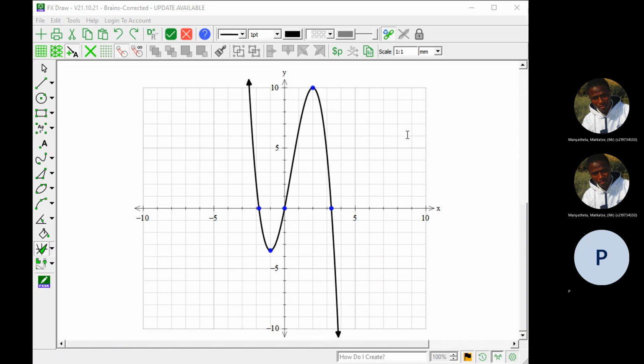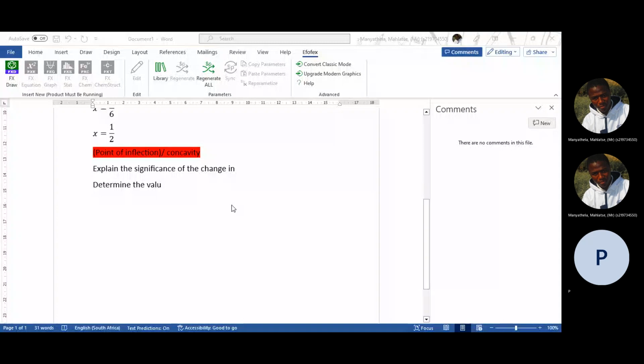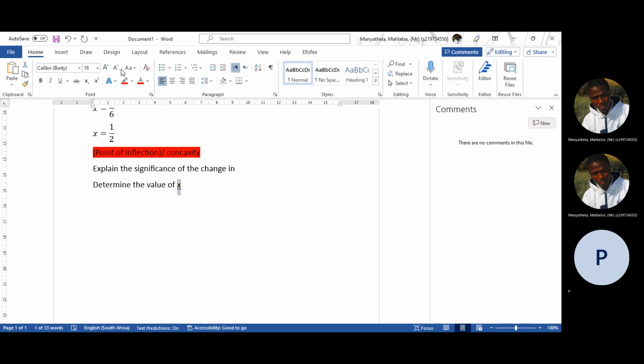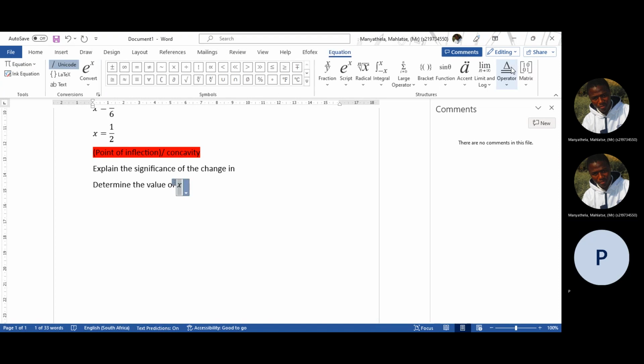We are going to determine the value of x.